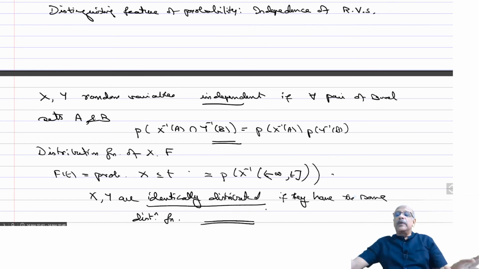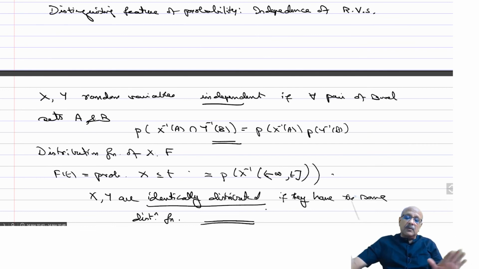Sequences of independent identically distributed random variables are a very important study in stochastic processes. A stochastic process is nothing but a family of random variables. So you study a family of measurable functions at the same time, and there is a second index which will come in.